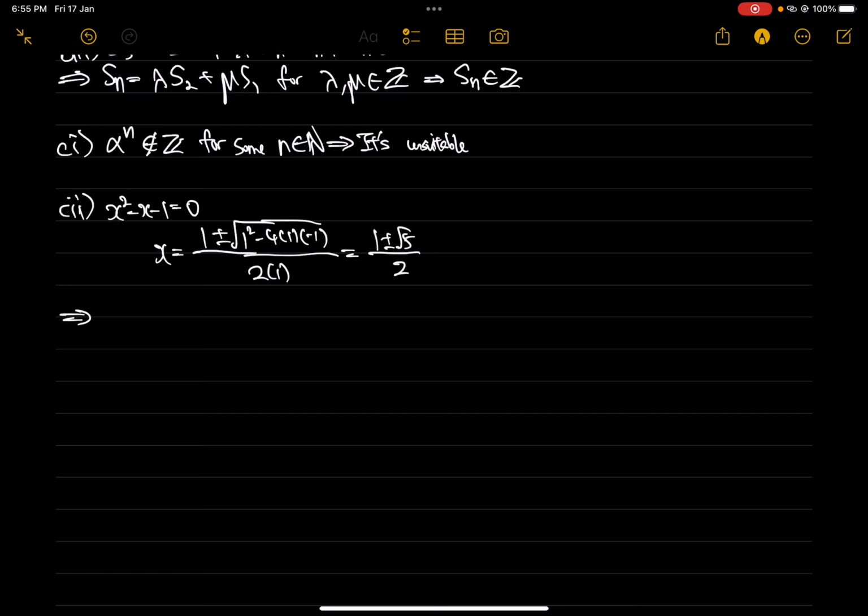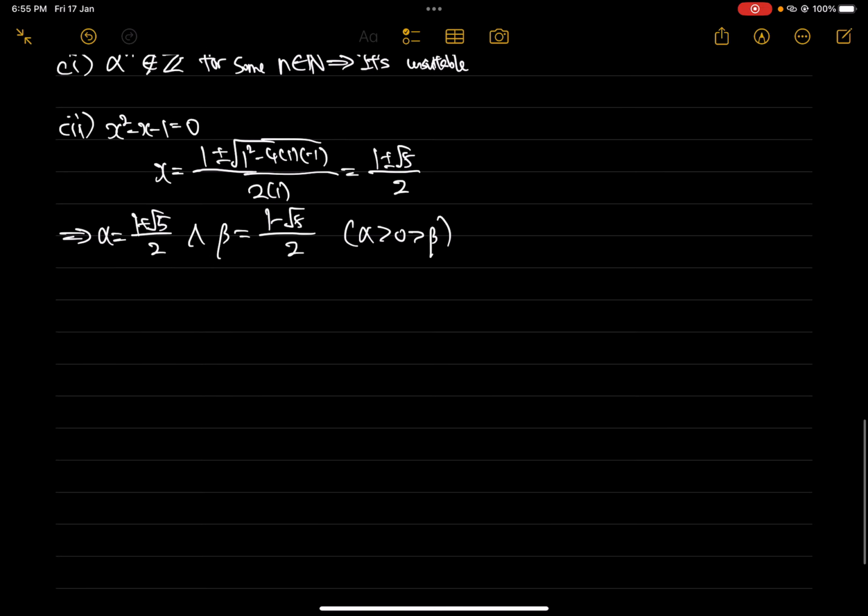Now we could say, oh sorry, floor function of alpha is the floor function of (1 plus root 5) over 2.